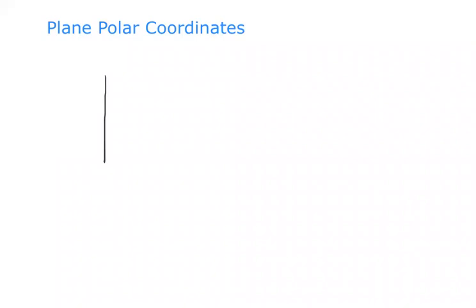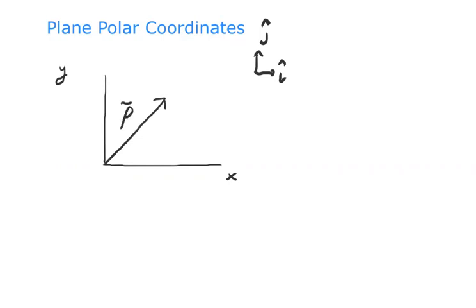Okay, so let's define what we mean by plane polar coordinates. So again, here's my coordinate system. It's in the plane, so it's just two-dimensional. I need my trusty unit vectors i hat and j hat. And I'm going to define a vector which I'm going to call rho, the Greek symbol rho.